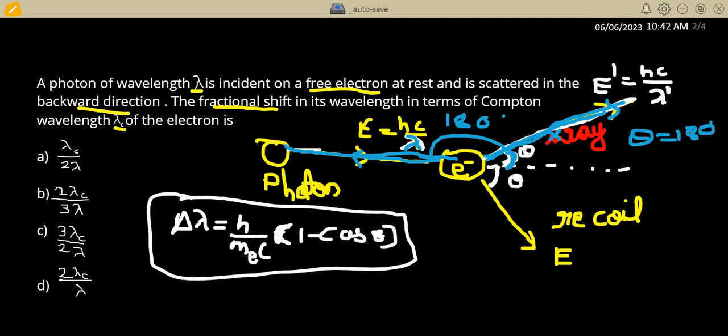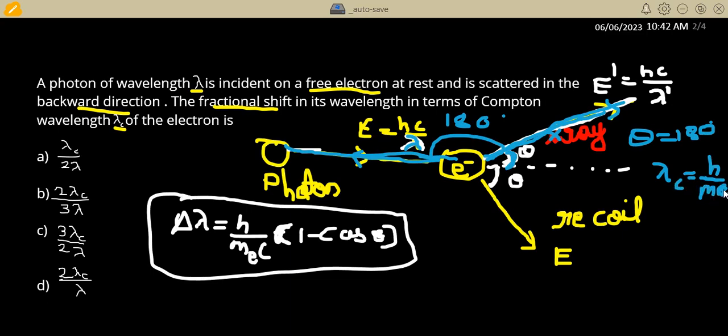And the fractional shift in its wavelength in terms of Compton's wavelength. What is Compton's wavelength? Compton's wavelength lambda c is equal to h by mc. De Broglie and Compton said the same thing; Compton's wavelength is h by mc.